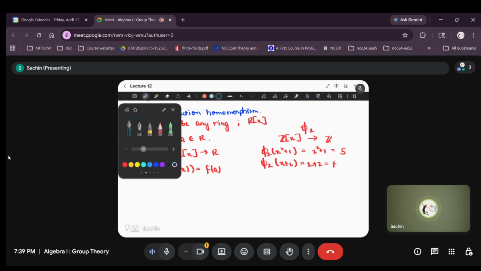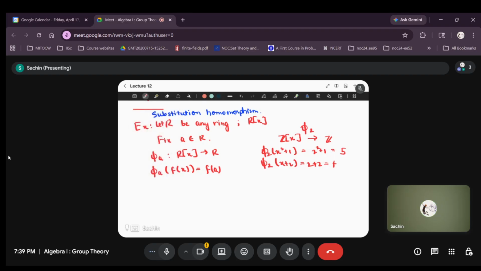Then what will happen if, what is phi 2 of a constant? What is phi 2 of 3?